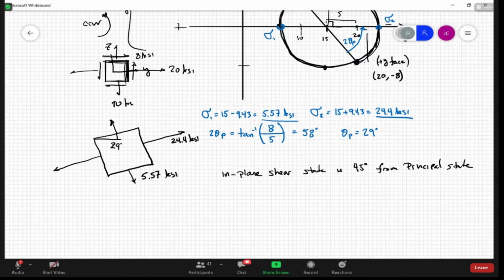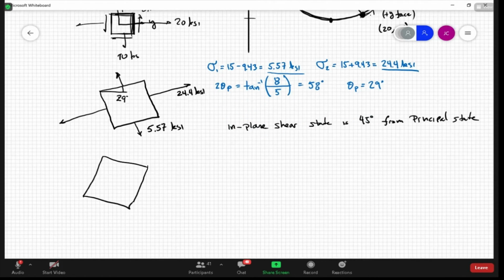So if we rotate another 45 degrees, it's going to look like this. That's not really well drawn, but we rotated another 45 degrees on top of the 29 degrees.